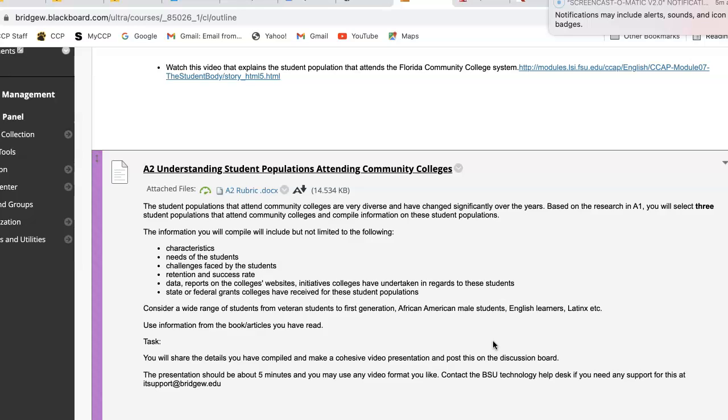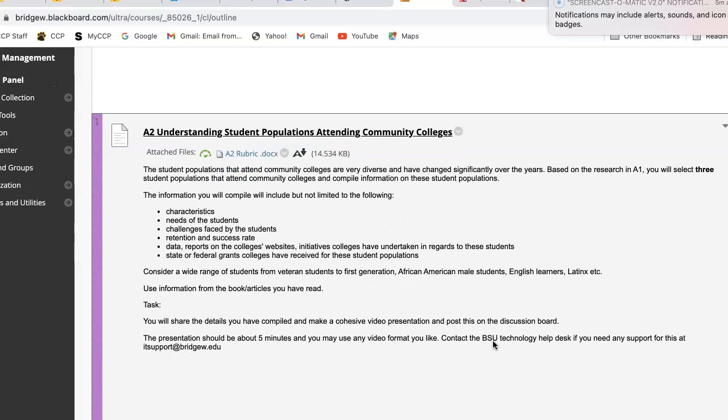The other assignment that you have is understanding student populations that attend community colleges, because you have to select 3 student populations of your choice, and then make a recording, a presentation that would include but not be limited to the following details: characteristics, needs of the students, retention and success rate, any grants, any initiatives taken by the college, and so on.